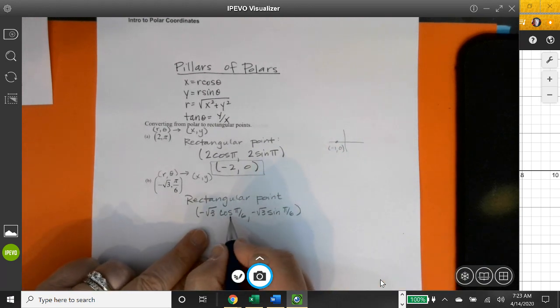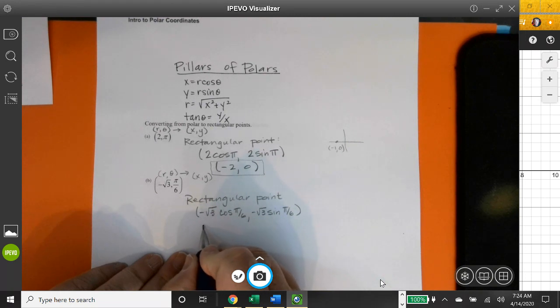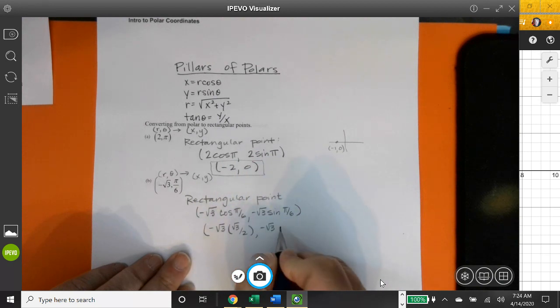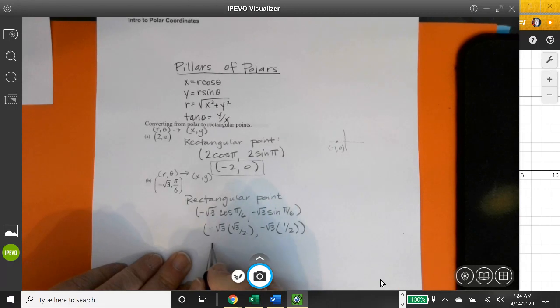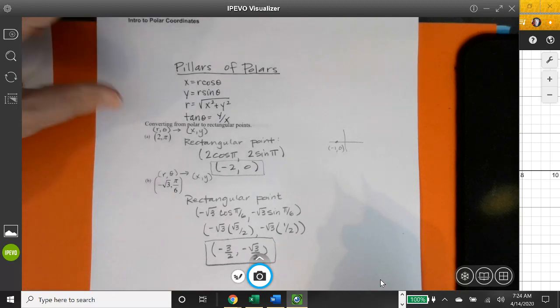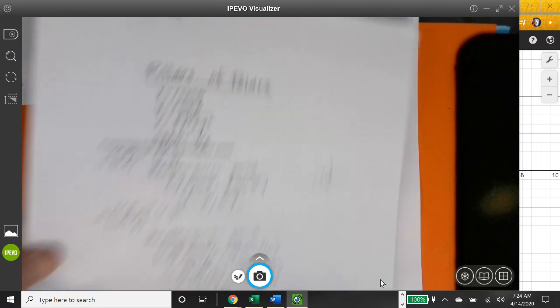All right, so the cosine of pi over 6 is root 3 over 2, so this would be negative root 3 times root 3 over 2, and then negative root 3 times the sine of pi over 6, which is 1/2. And so we get the point negative 3/2, negative root 3 over 2. Easy to go from polar to rectangular because of the pillars of polars. All right.